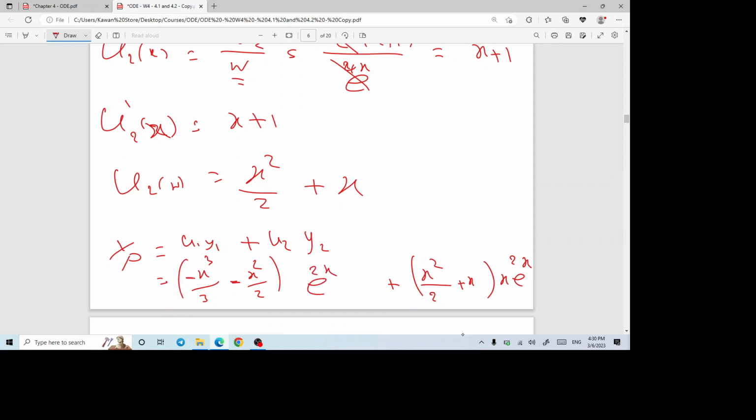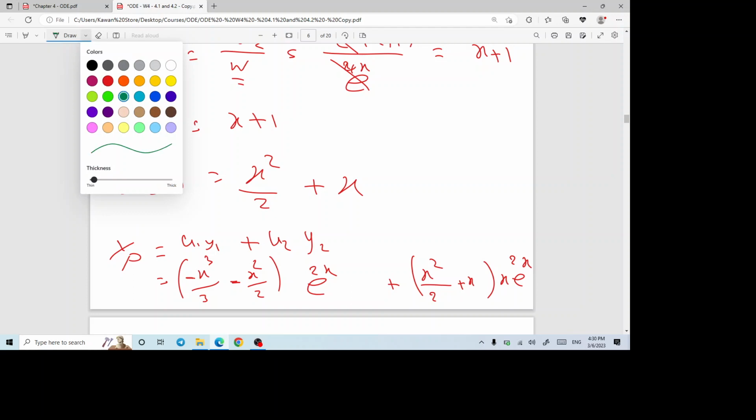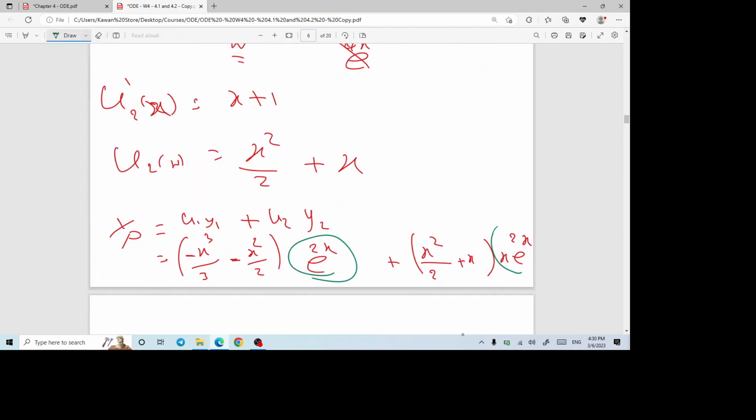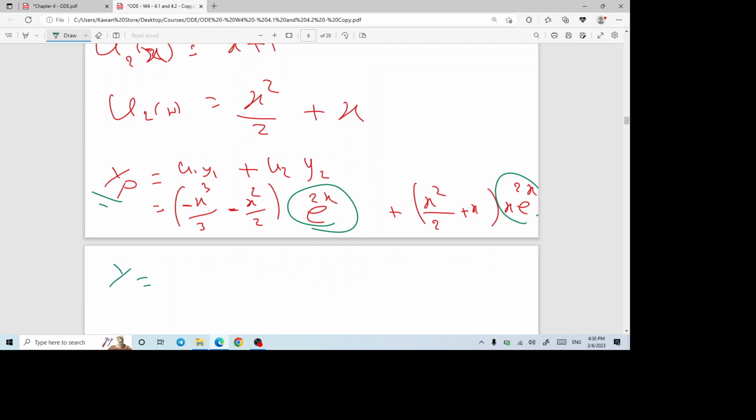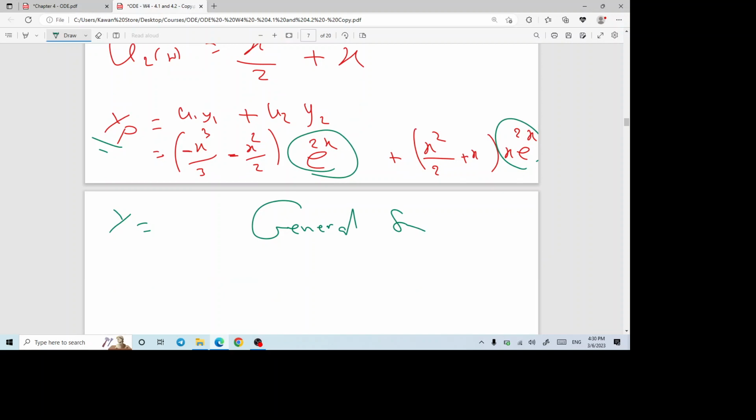Am I right? What's that? It is the auxiliary solution yc. What's this? It's a particular solution. It's called particular. So we have an auxiliary yc and a particular solution yp. So tell me, y equals what? The general solution. Yes, y equals yc plus yp. Am I right?